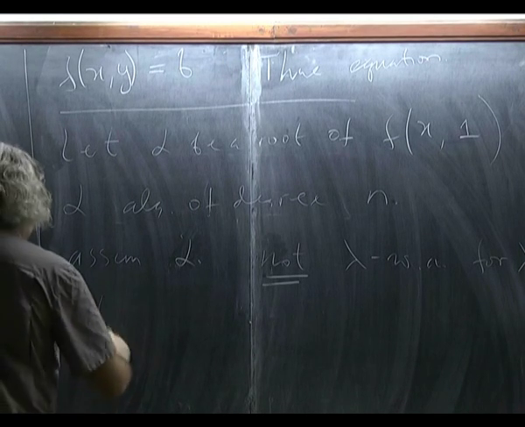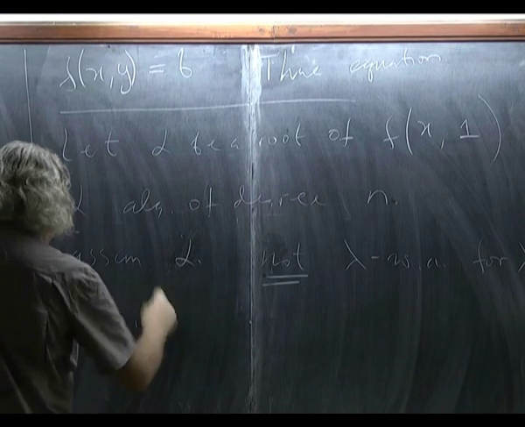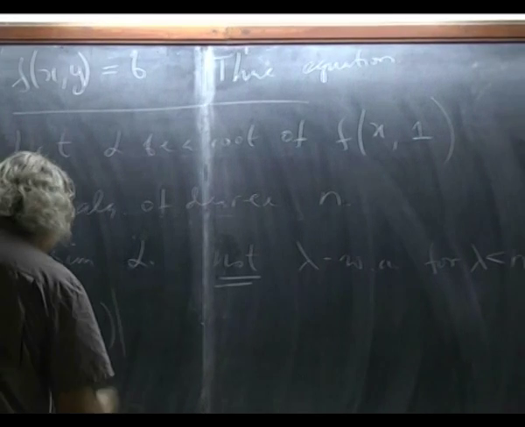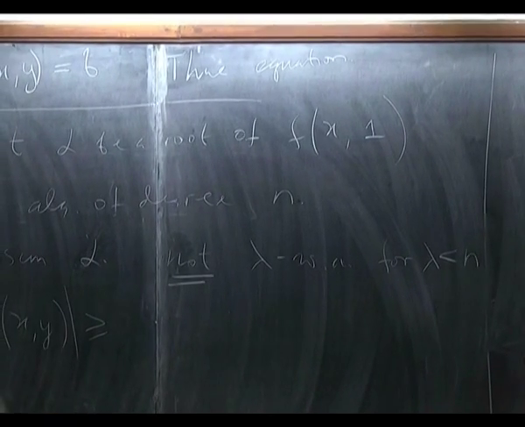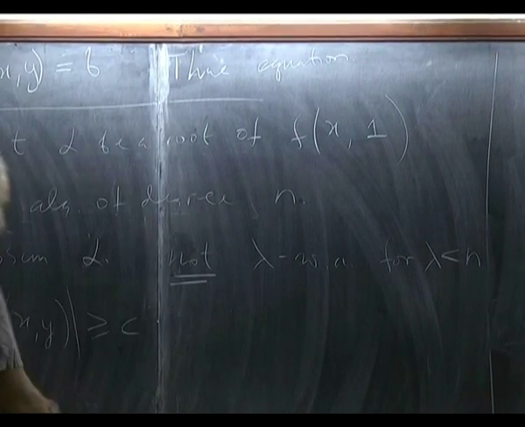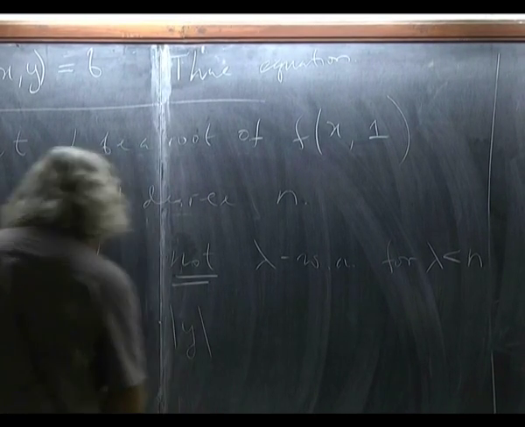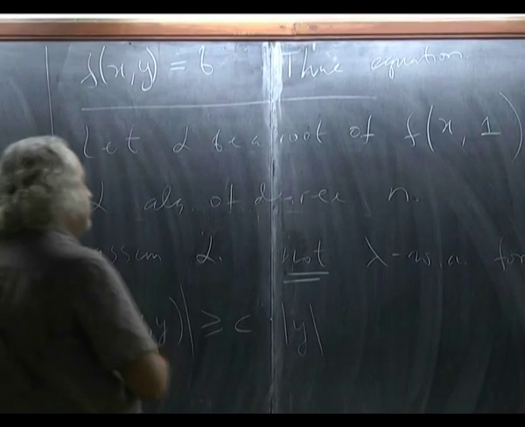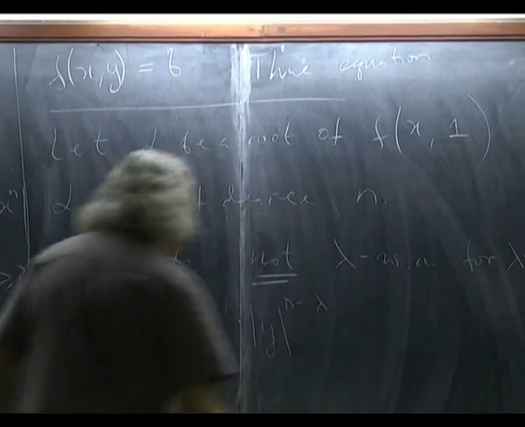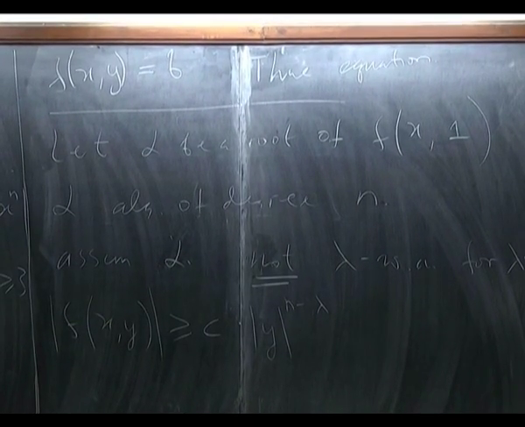Then it's easy to see that f of x, y will be at least some constant times y to the power n minus lambda.